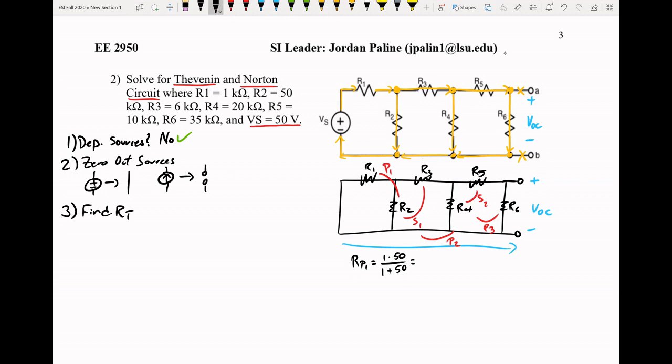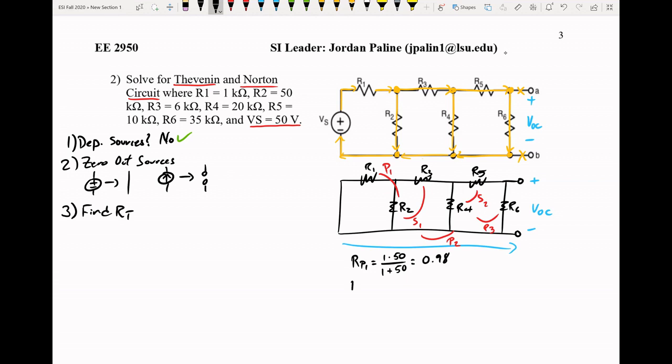So we would do 50 divided by 51, and this is going to be 0.98.